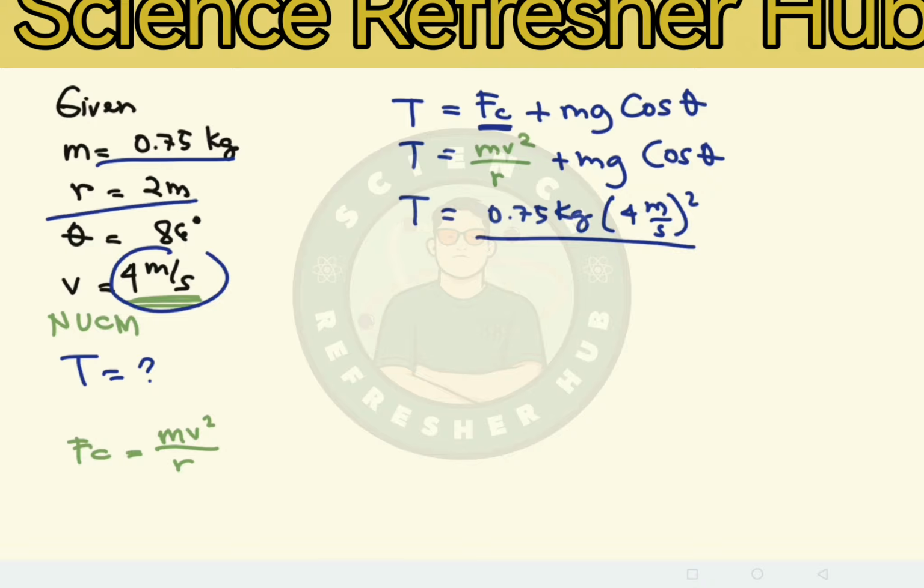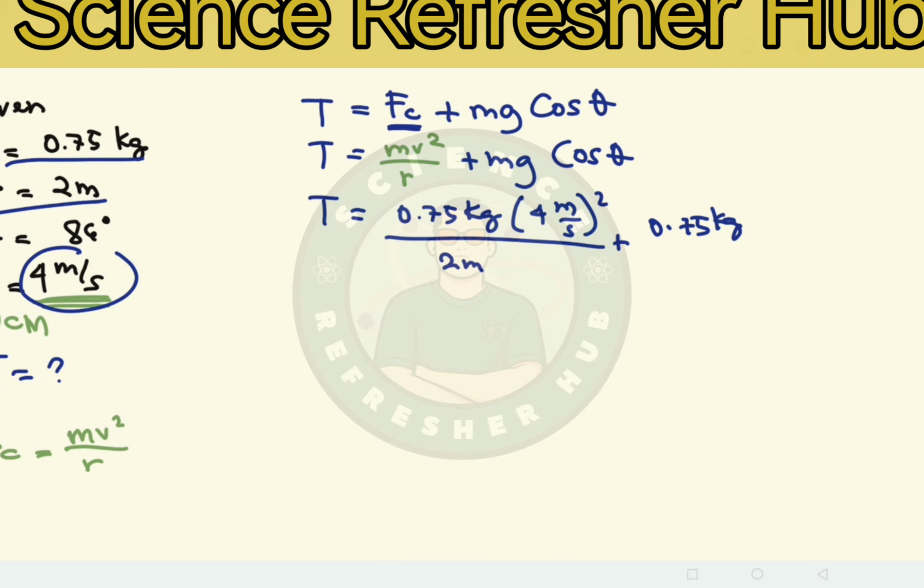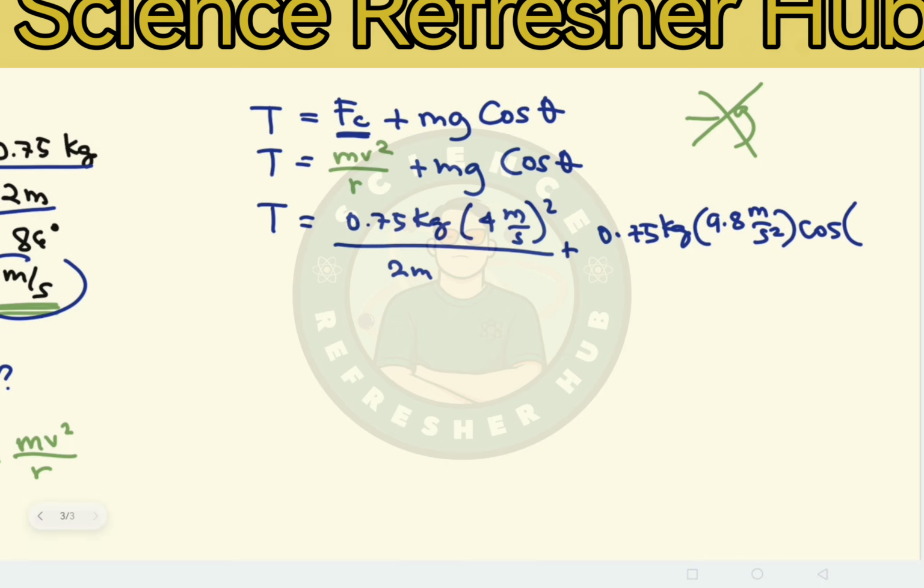Then we have our radius, provided in the problem, it's 2 meters, plus the mass, still the same, 0.75 kilogram, then multiplied by the gravity, 9.8 meter per second squared. Again, do not use the negative gravity. Okay, and then we have the cosine theta, which is 86 degrees.